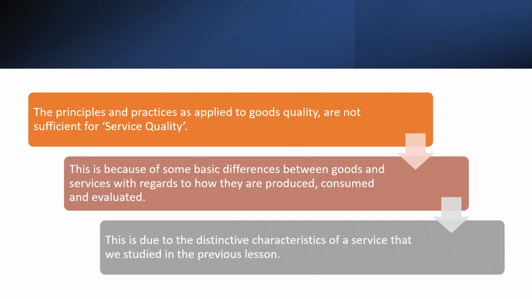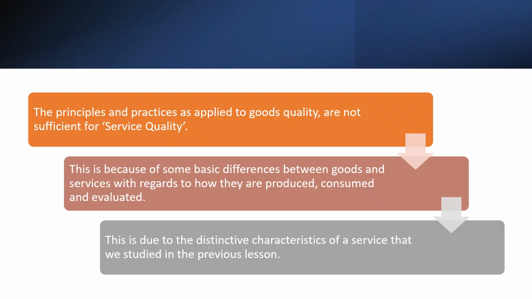Now, the principles and practices as applied to goods quality, or I would say tangible goods quality, are not sufficient for service quality. This is because of some basic differences between goods and services with regard to how service is produced, consumed, and evaluated.